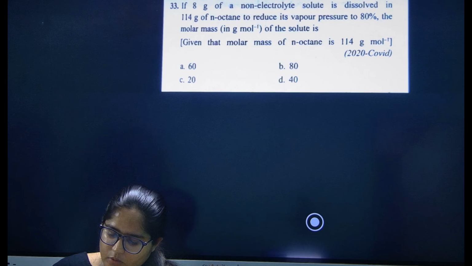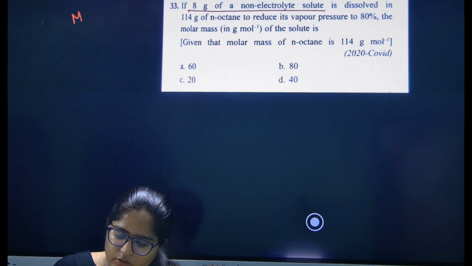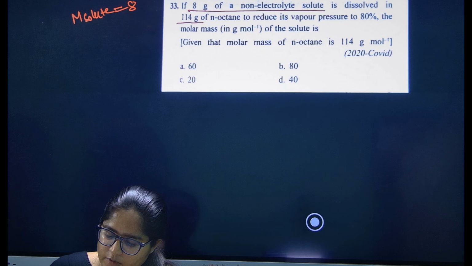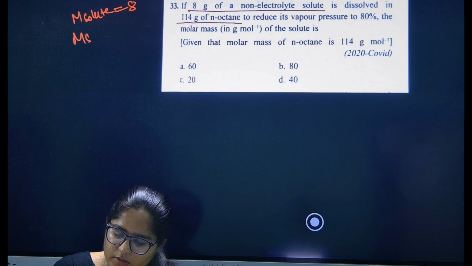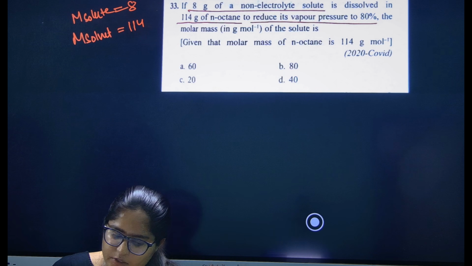If 8 gram of non-volatile solute is dissolved in 114 gram of octane, so mass of non-volatile solute is given as 8 gram and mass of solvent is 114 gram, it reduces its vapor pressure to 80%.